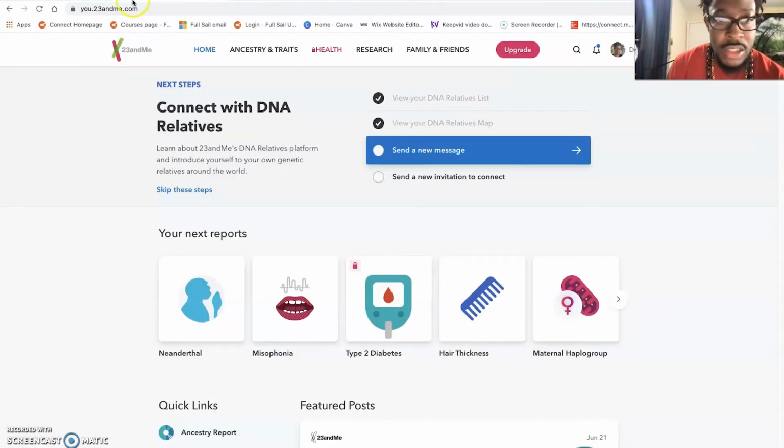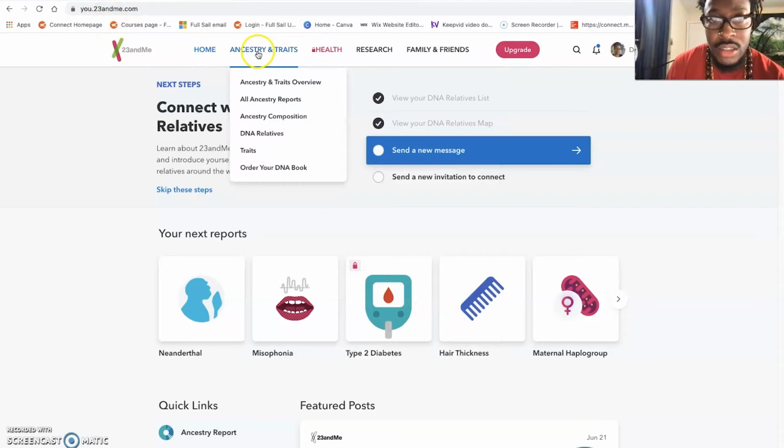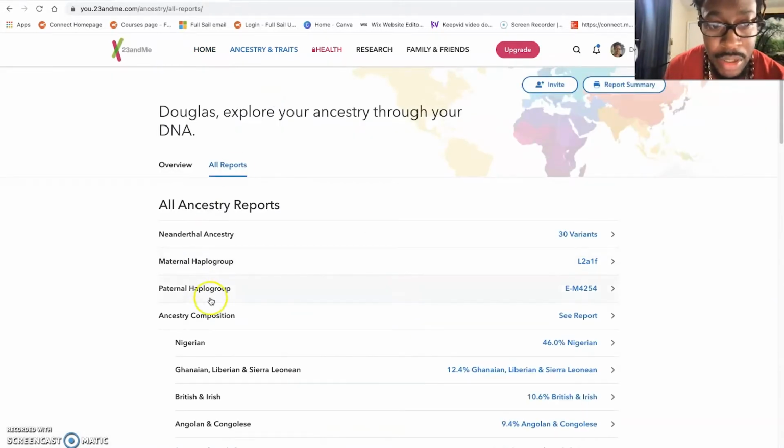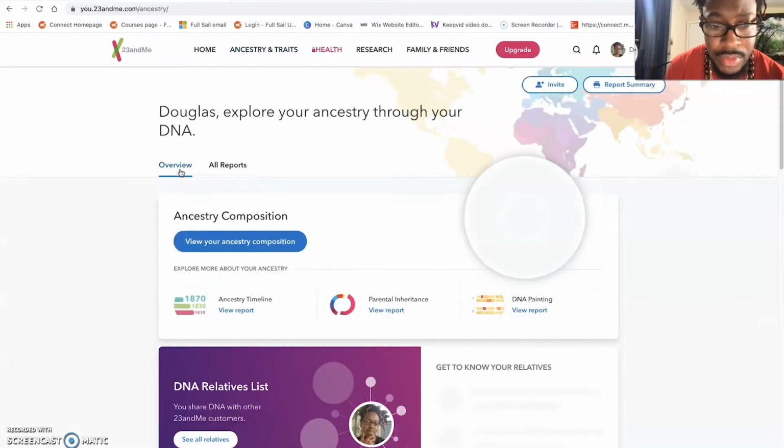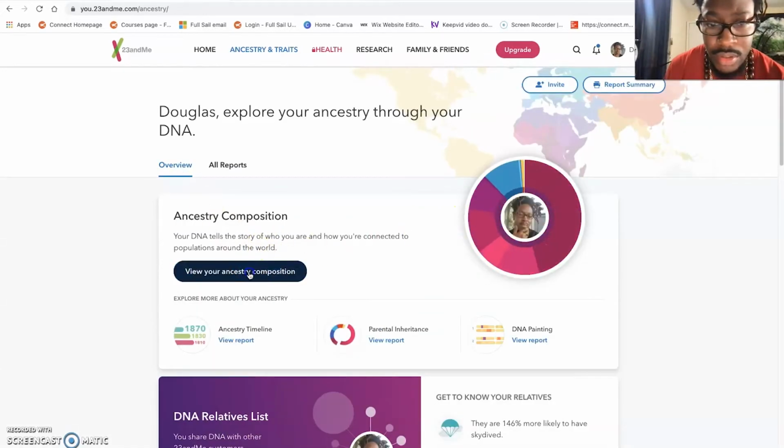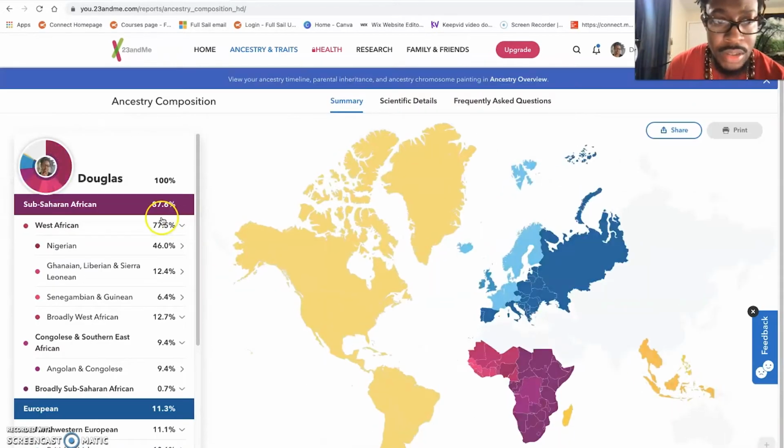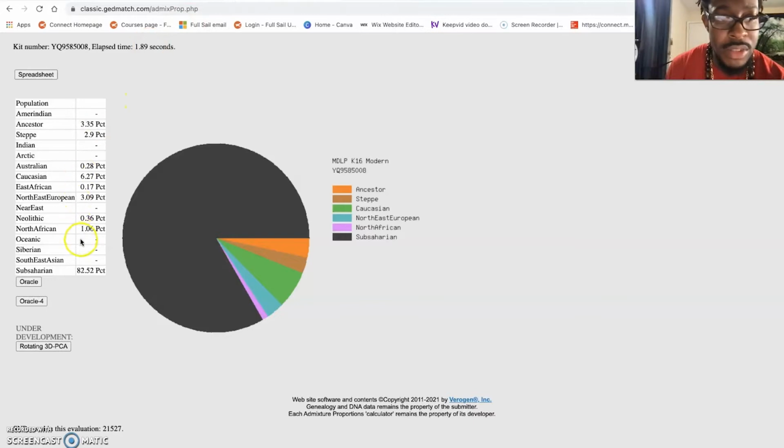It's good to still keep your results up from your other report, just to kind of compare them. So I say 87.6. This one has me down for 82.5, so not too bad.